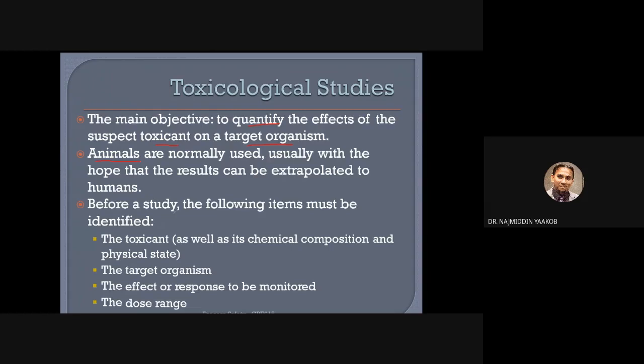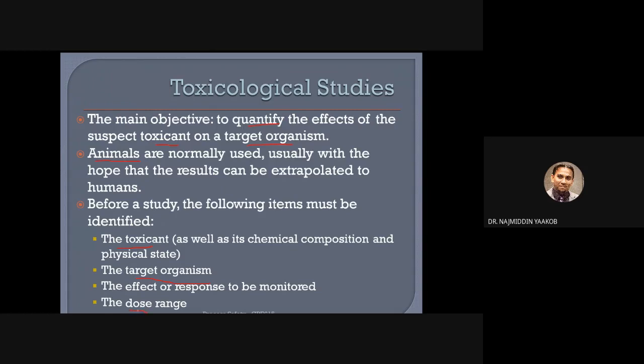So before a study, the following items must be identified, which is of course what is the toxicant that we need to study. What is the target organism? For example, the lung or the kidney. The effect or response to be monitored. What are the responses that you want to jot down? For example, the heartbeat or the death.